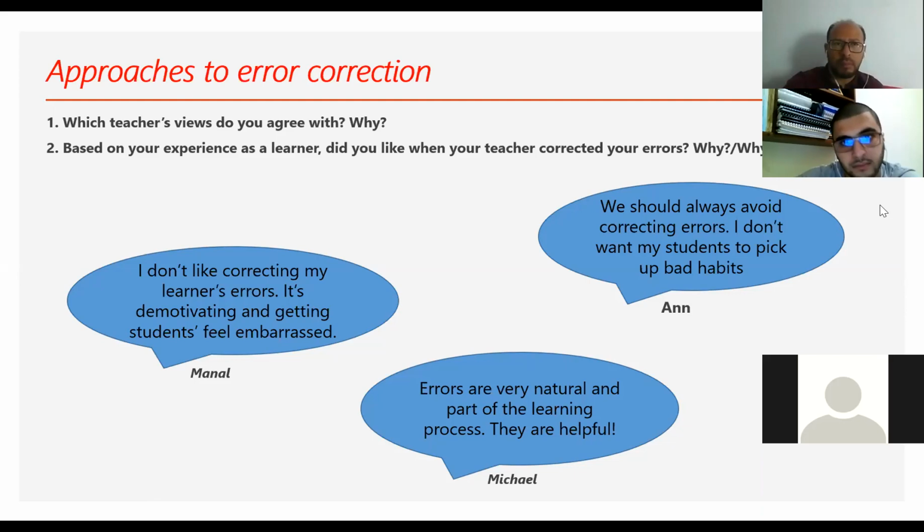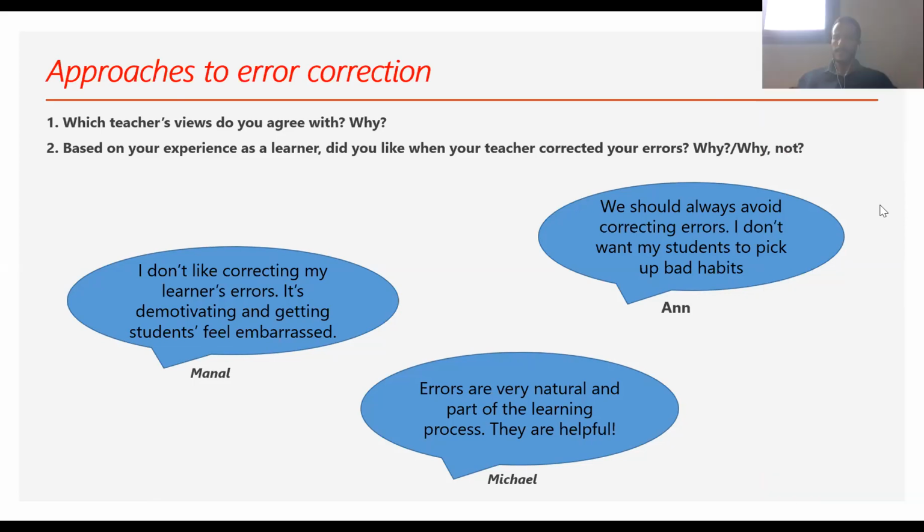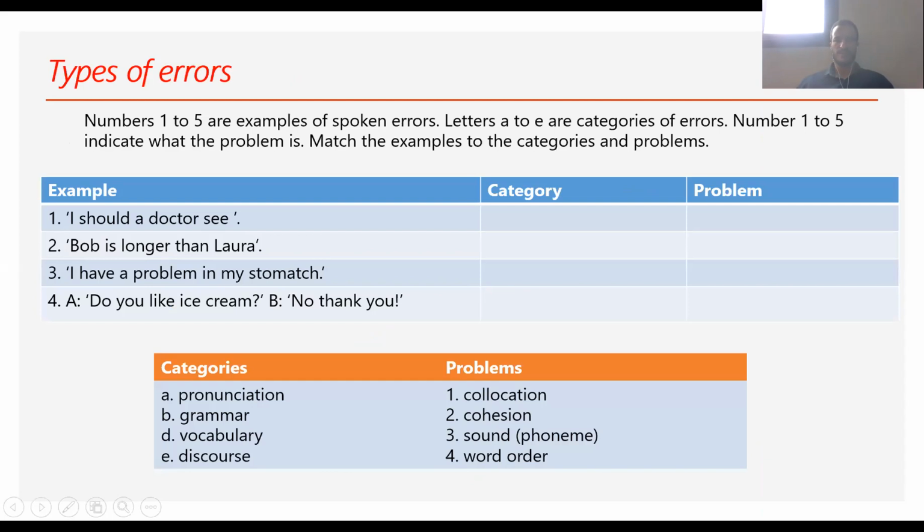So these are just three approaches to error correction. Now, types of errors. I want you to number from 1 to 4, not 5. Numbers 1 to 4 are examples of spoken errors.